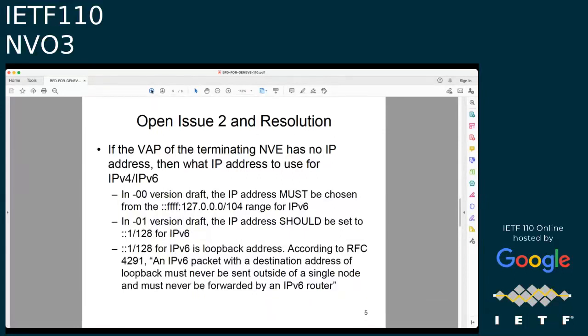Another is BFD over Ethernet over Geneve. For the second one, there's a scenario where the VAP of the originating NVE or the VAP of the terminating NVE has no IP address. For this specific scenario, we provide a resolution. So Open Issue 1 and Open Issue 2 are just for this specific scenario I just mentioned.